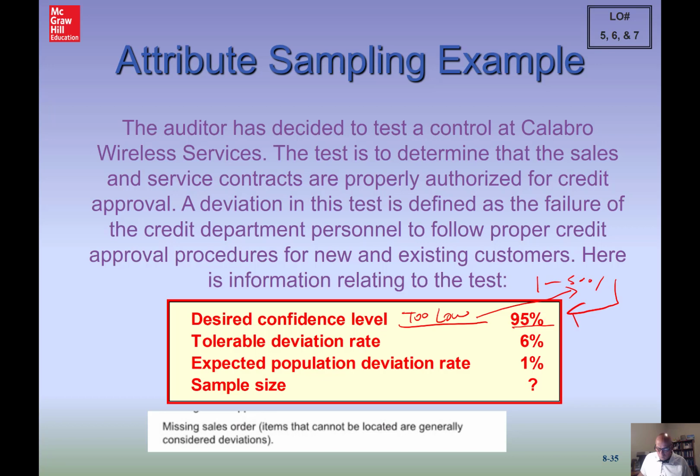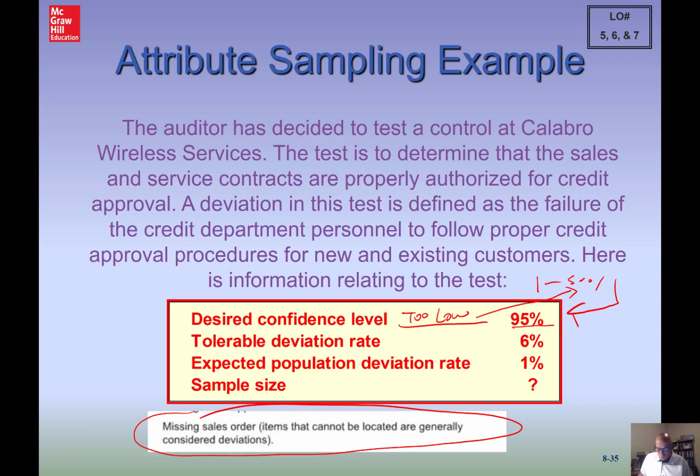Then the tolerable deviation rate, they're telling us, is 6%, and we have an expected deviation rate of 1%. In this example, we're pretending that we're looking for a sales order that is missing credit approval, whatever.